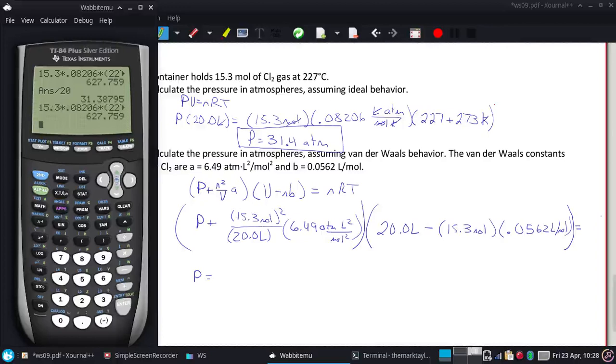So now I'm going to divide by the V minus nb thing, so I'm going to get it to the other side. So I'm going to divide by 20 minus the product of 15.3 times 0.0562. Now this is going to be close to that 31, but we haven't actually gotten rid of this correction yet. So now we're going to subtract this out.